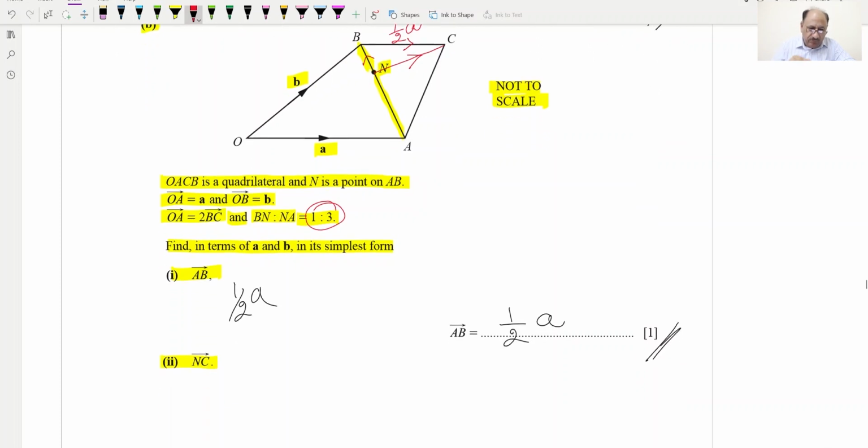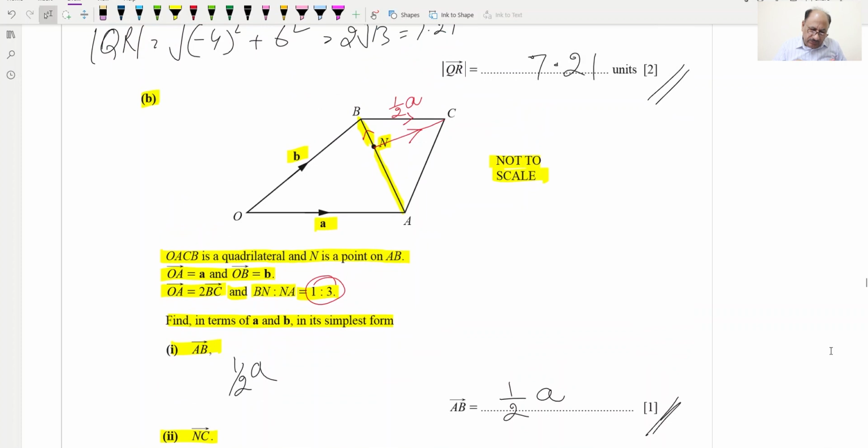So AB will be what? AB will be, no, this is basically BC. Sorry, we have made this mistake. AB will be equal to AO minus OB.